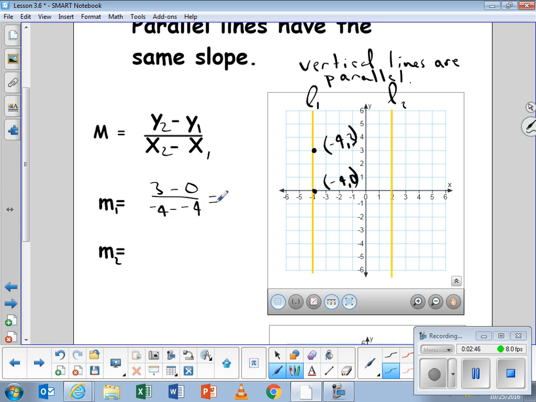What's 3 minus 0? 3. What's -4 minus -4? Yeah, that really becomes plus a positive 4, which is 0. What's 3 divided by 0? Try it on your calculator.